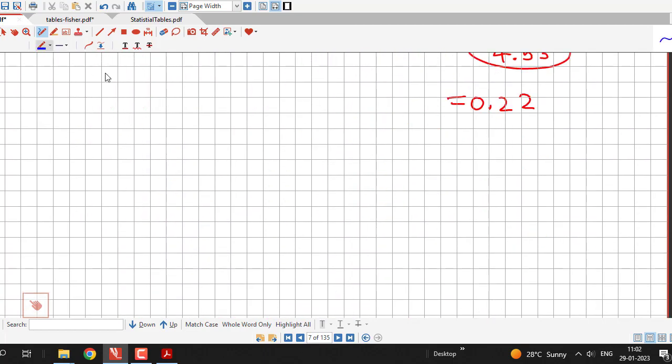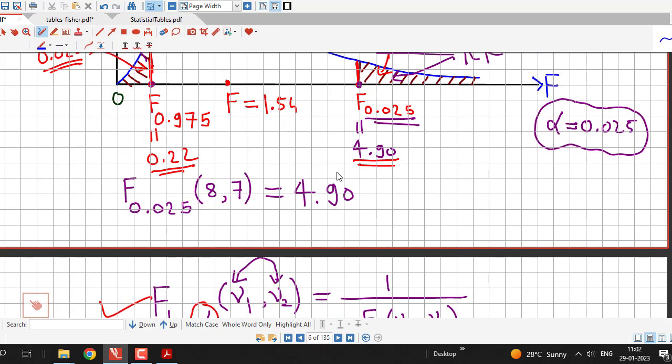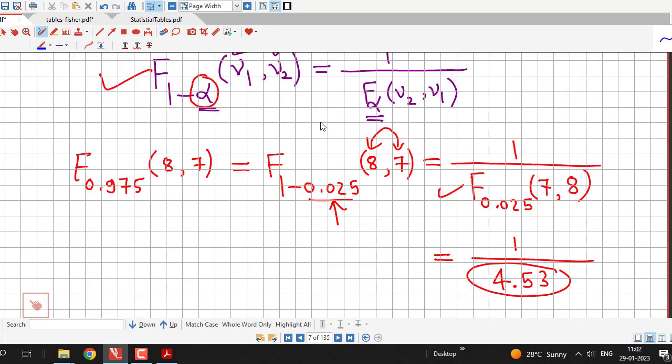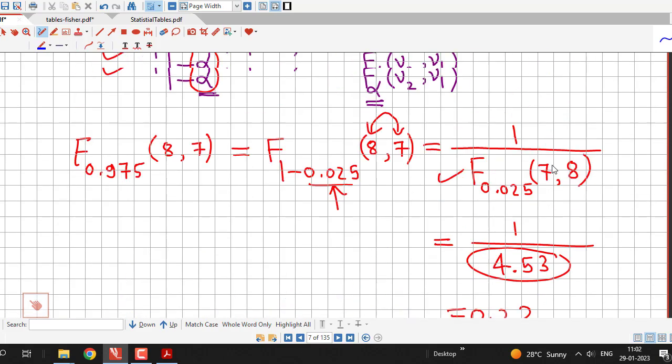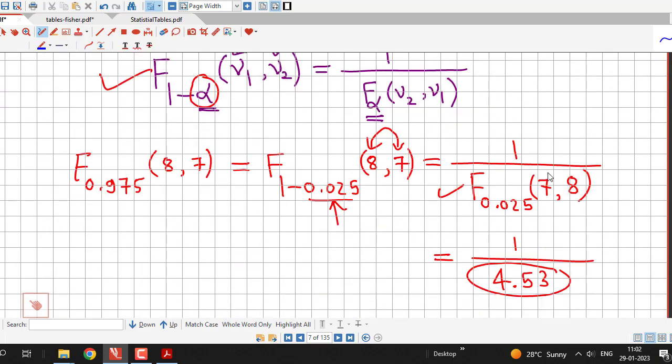So now I have to write that this value F.975, we have obtained as 0.22, and what is the calculated value of the test statistic? It is 1.54. So it is F equal to 1.54, and this is less than F 0.025, which we have obtained as 4.90.